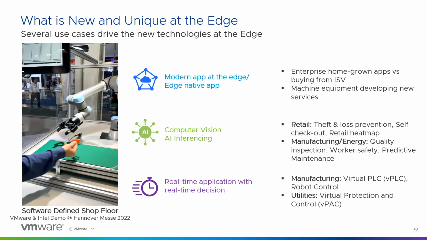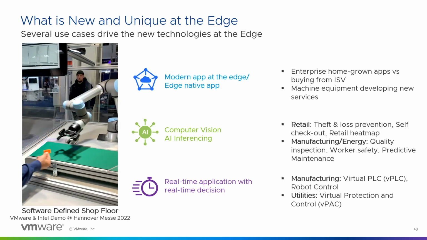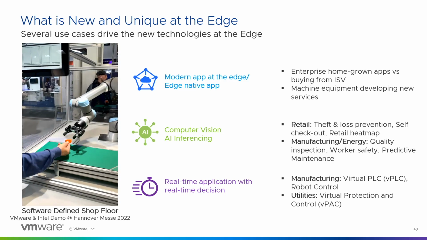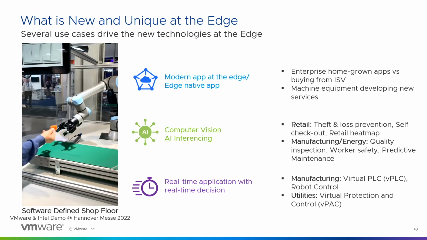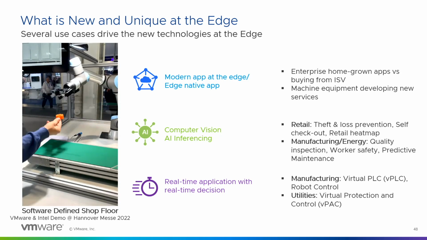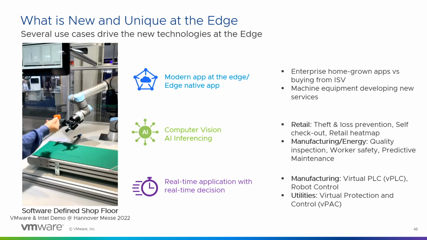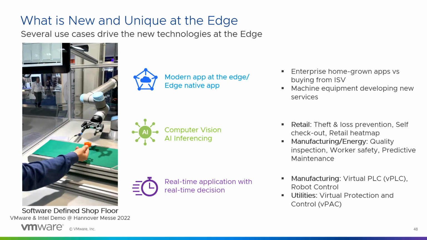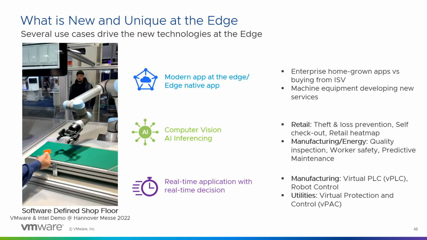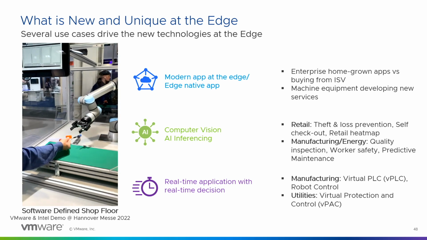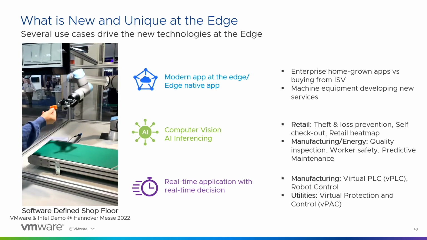It's a very verticalized solution, and we're talking about enabling computer vision at the edge, supporting Kubernetes-based applications at the edge, and edge compute being used for these real-time applications. And the video is just a snippet from Hannover Messe, which was in April earlier this year.